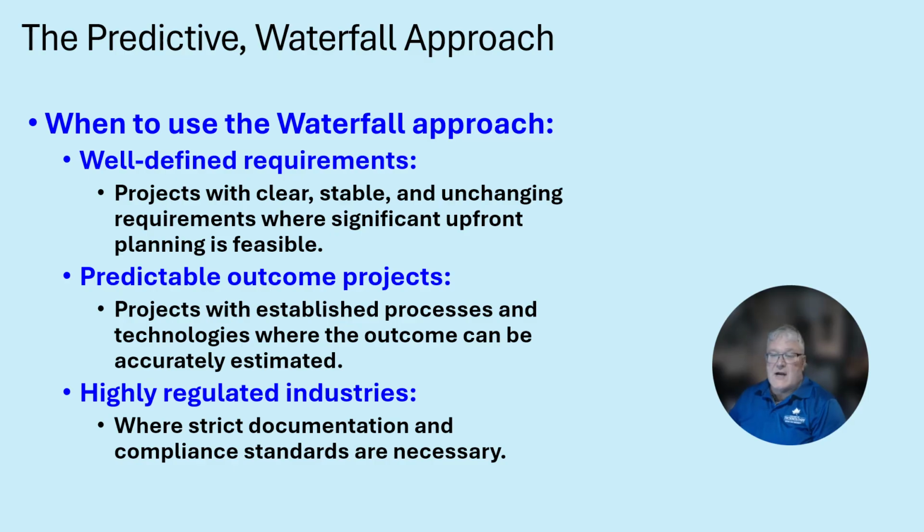You've got to get your contractors together, and then as you're going along, there might be slight changes to the plan, but most of the plan pretty much stays straightforward, and you've done it so many times that it's sort of second nature how you're going to build the house. So it's predictable. Projects with established processes and technologies where the outcome can be accurately estimated. Highly regulated industries where strict documentation and compliance standards are necessary.